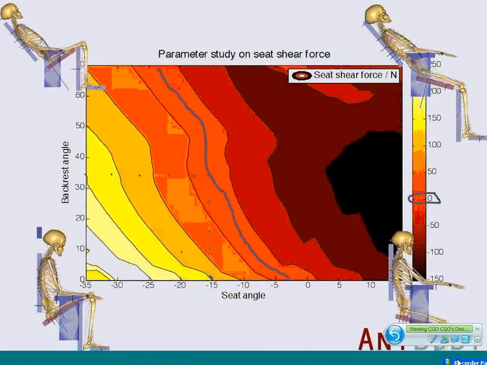So this is just for one subject and for one person, and it's just for the normal anybody model. So that's something like a 50 percentile European male. And things could change a little bit if you change the properties of the model.